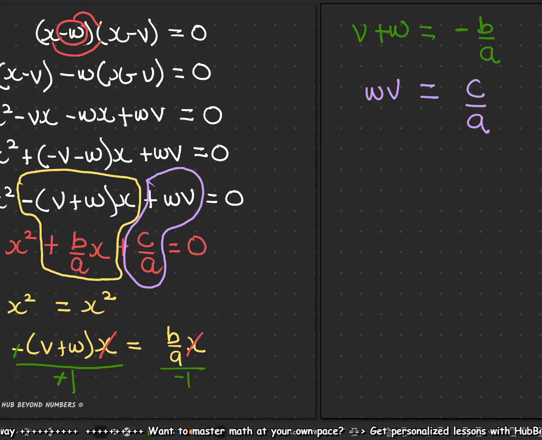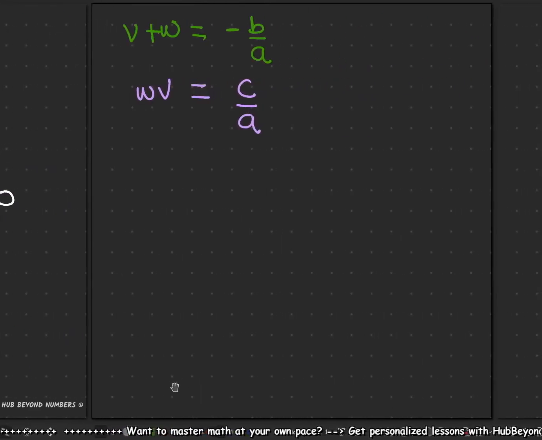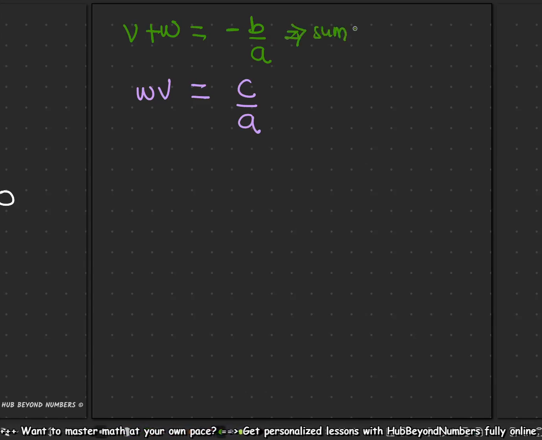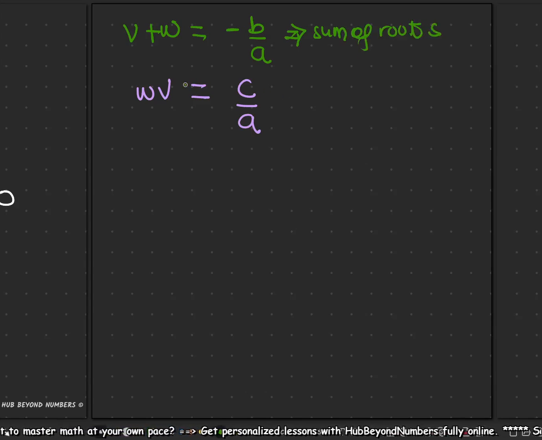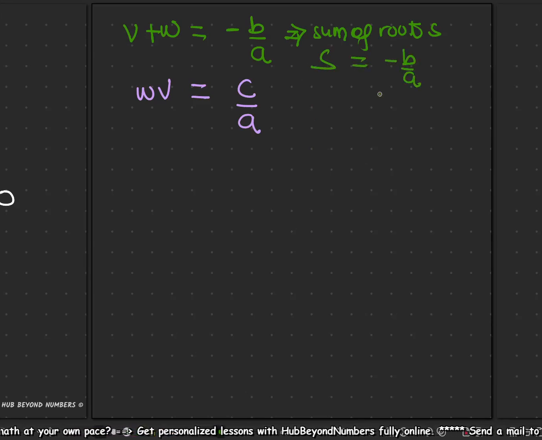Okay. So with that settled, remember that we said W and then V are our roots. And now we said this is their sum. So it implies that sum of roots, which is what they wrote there as S, is really equal to negative B over A. And for the second one here, it also implies that the product means multiplication.